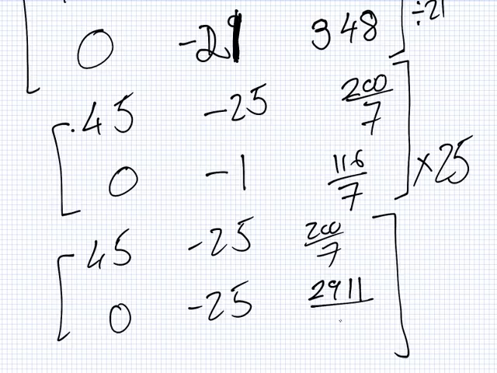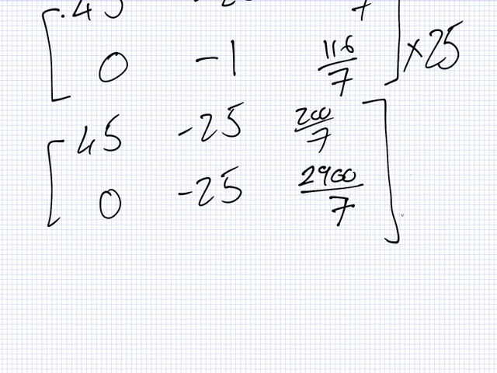Sorry, 2,900 over 7. Okay. Now, I'm going to subtract them, minus them.